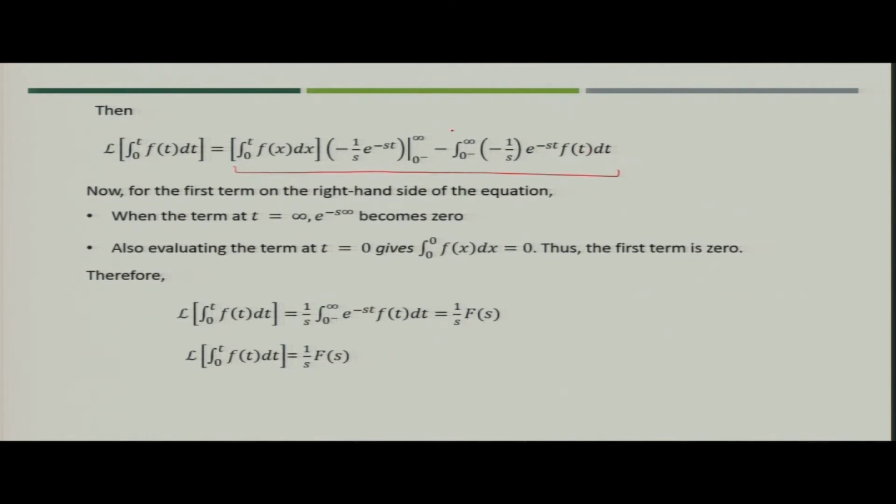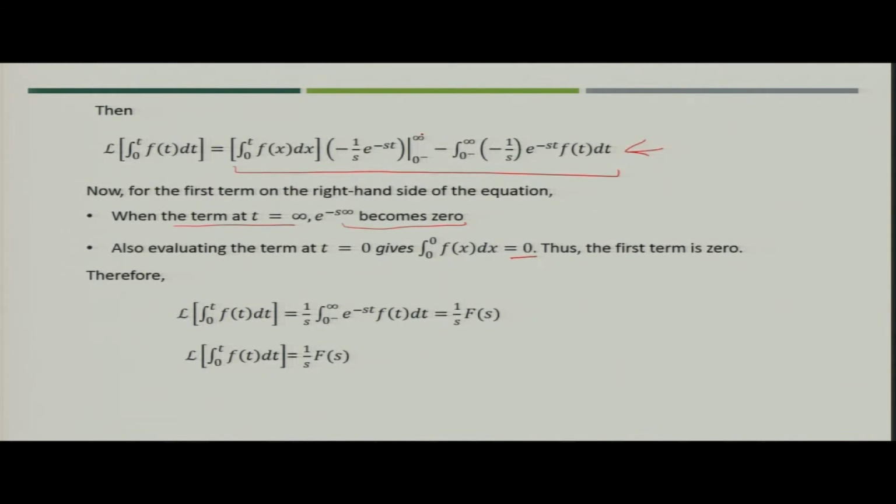Now, if you see carefully this particular expression, let us talk about the first term which you have in this expression. When t tends to infinity, this value will tend to 0, and when time t is equal to 0, this integration will become the integration between 0 to 0 of f(x) dx, which will again be 0.